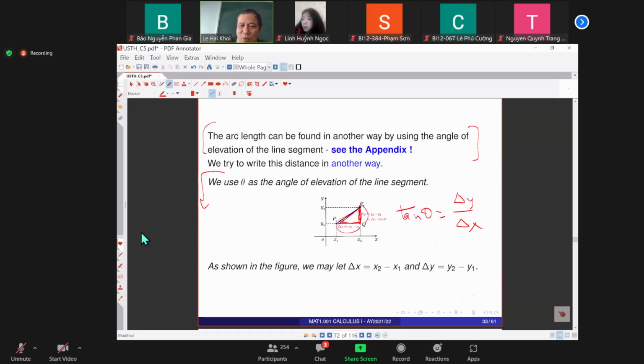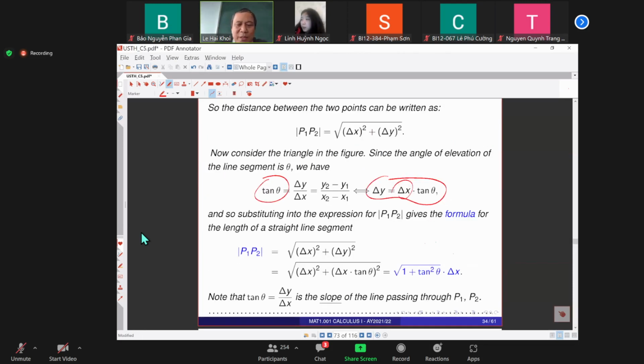You know delta y is delta x times tangent theta. Substitute there. You get that the distance from P1 to P2 is delta x multiplied by the square root of 1 plus tangent squared of theta. And that one, you know, is a slope.